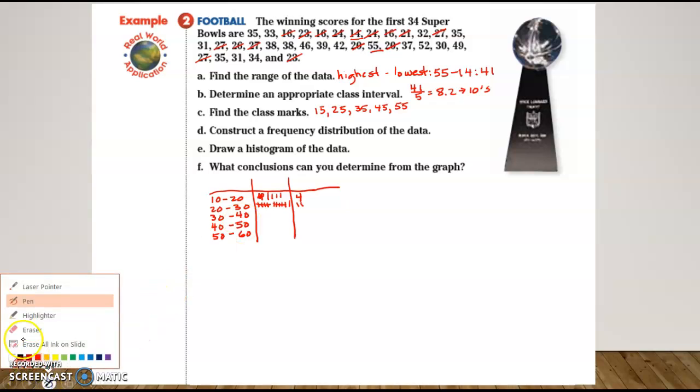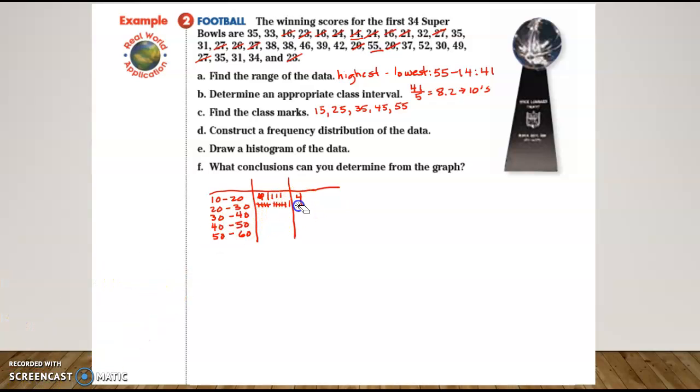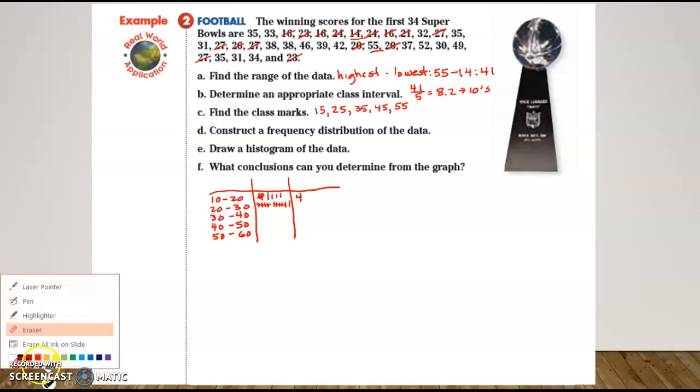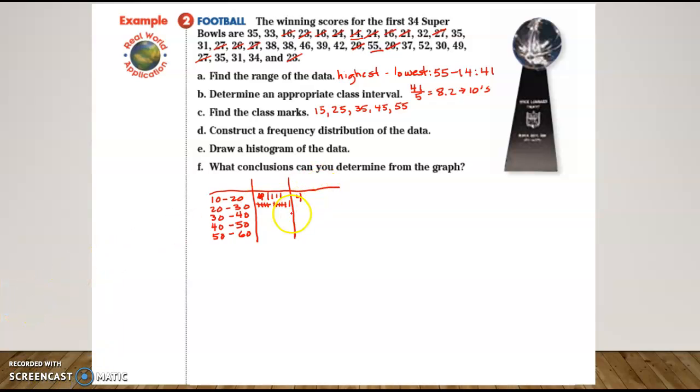Okay. Now, I put the 20 in with this upper one rather than putting it down with the 10 to 20. Mainly because I was following y'all's directions. Most of y'all flipped over when we went to 20 and put it in the higher category. So that works for me. That's just fine. I can always double check the numbers over here and figure out which one you've got.